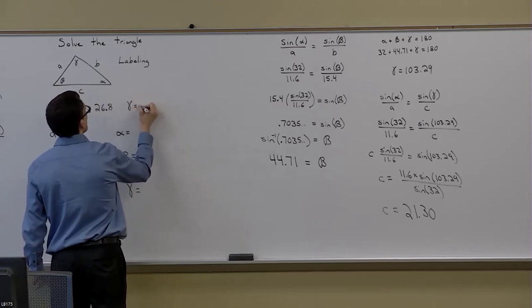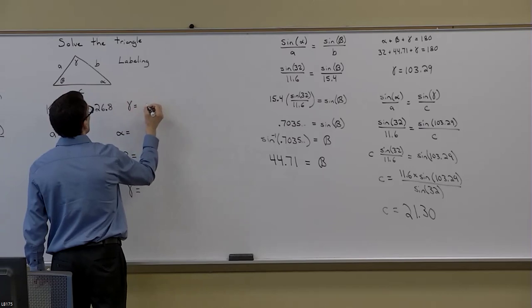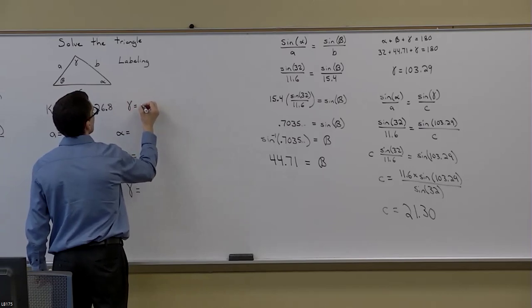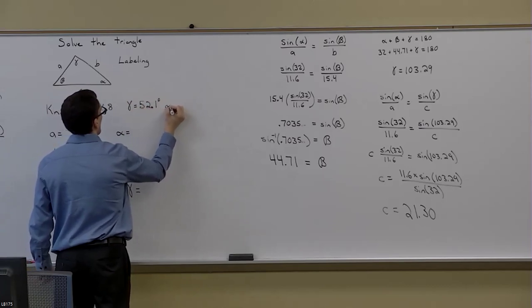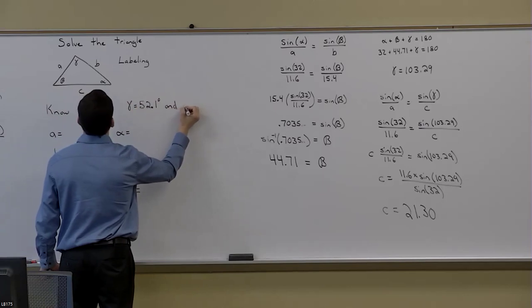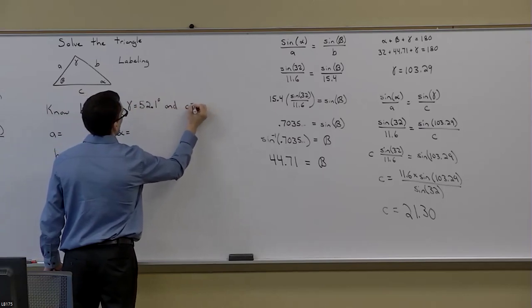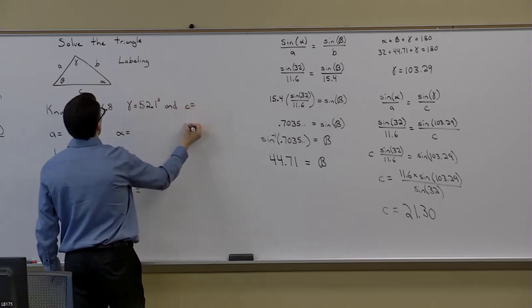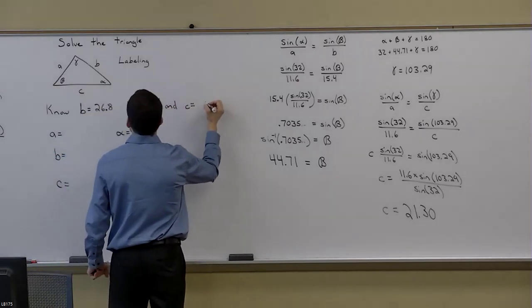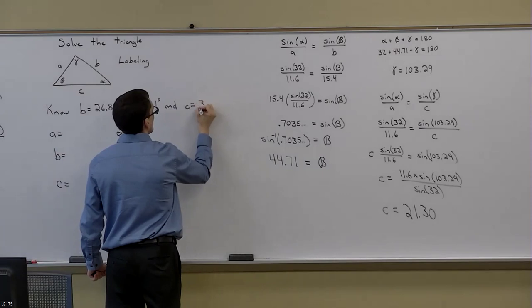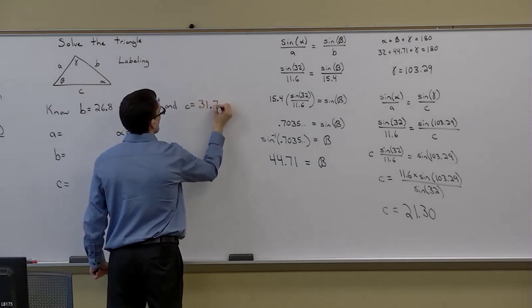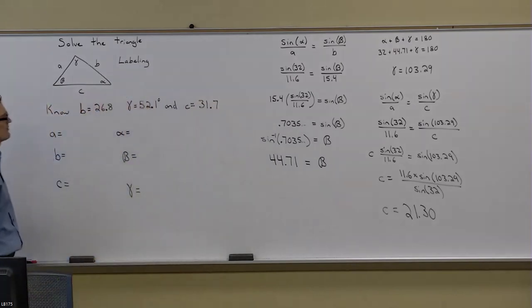Gamma is 52.1 degrees. And C is, let's do, 31.7 units.